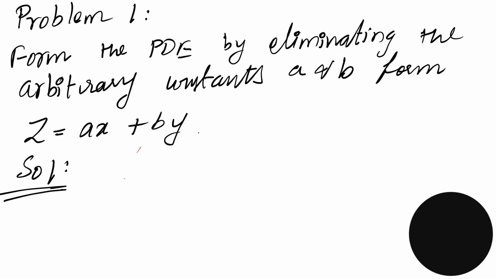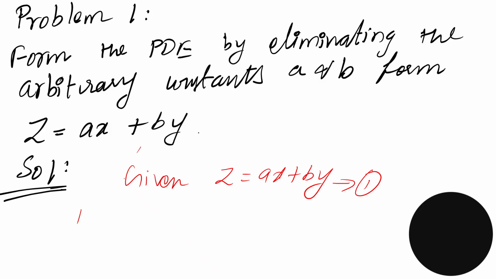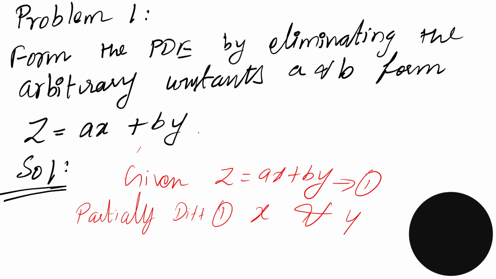The given is z equal to ax plus by. First we have to differentiate partially equation 1 with respect to x and y.